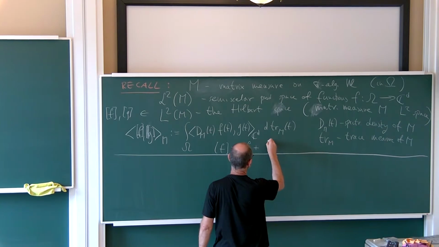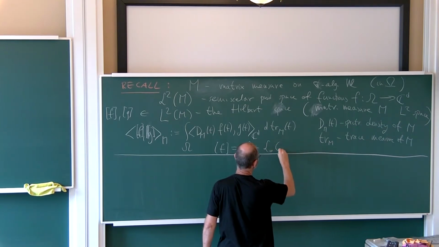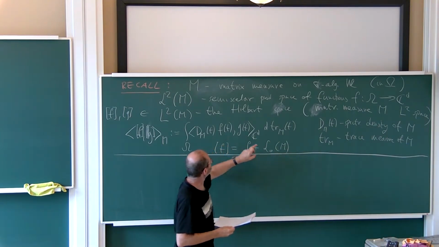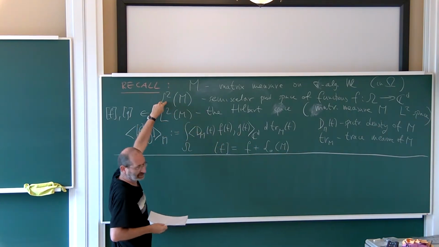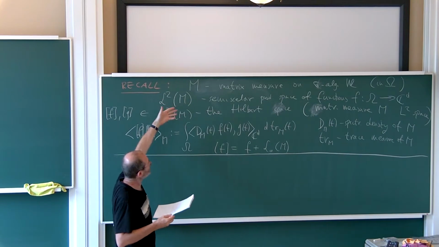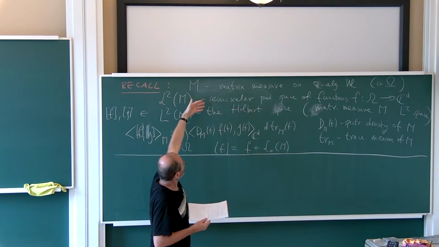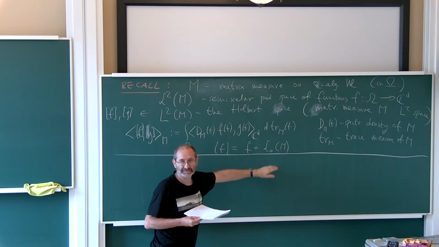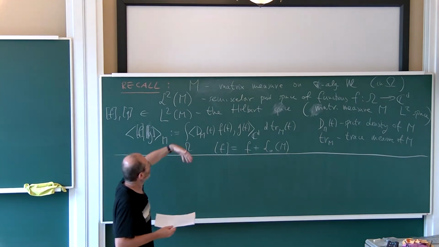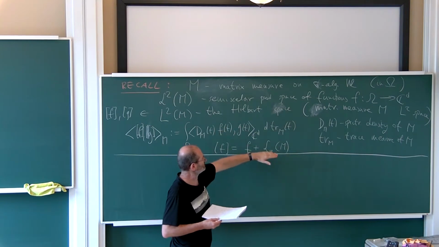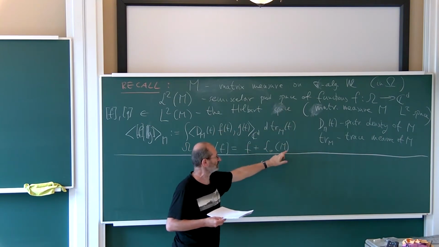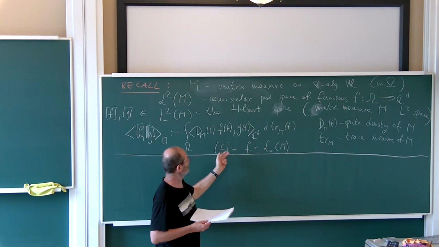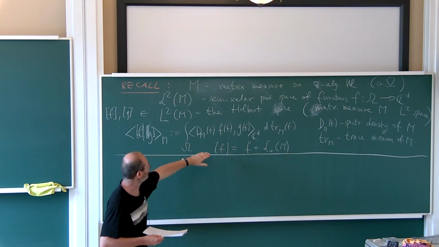I will not recall this, I hope you remember. But this is a special subspace of this space, which has the semi-norm equal to 0. The semi-norm obtained by this semi-scalar product is just 0, so this forms a linear subspace, and this is the form of each element of F.